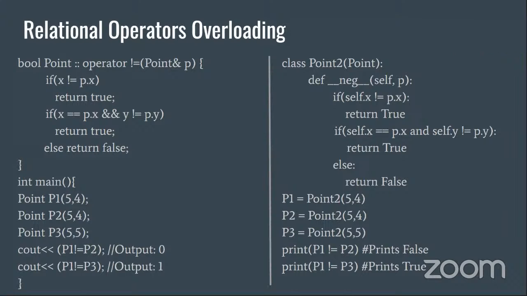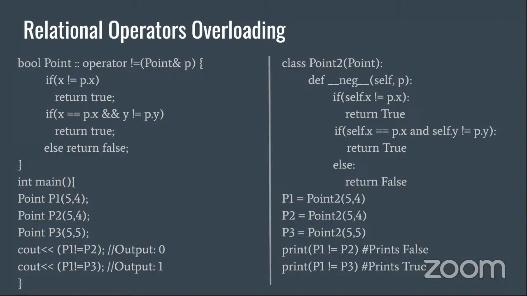The logic for this function is we first compare the x coordinates. If they are unequal, we return true. Else we compare the y coordinates, and if we find that both the coordinates are equal, we return false. Else we return true.